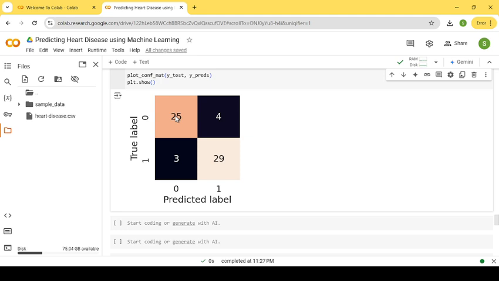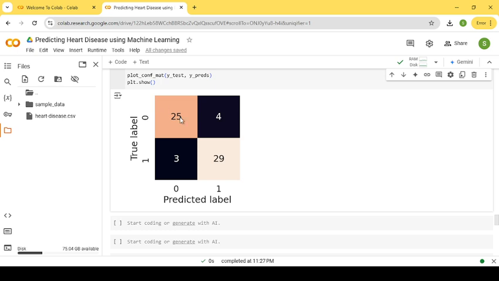How we can describe that is that there were 25 instances of the negative classes, where it's equal to 0, that were correctly predicted as negative. So these were correctly predicted as no heart disease, okay?